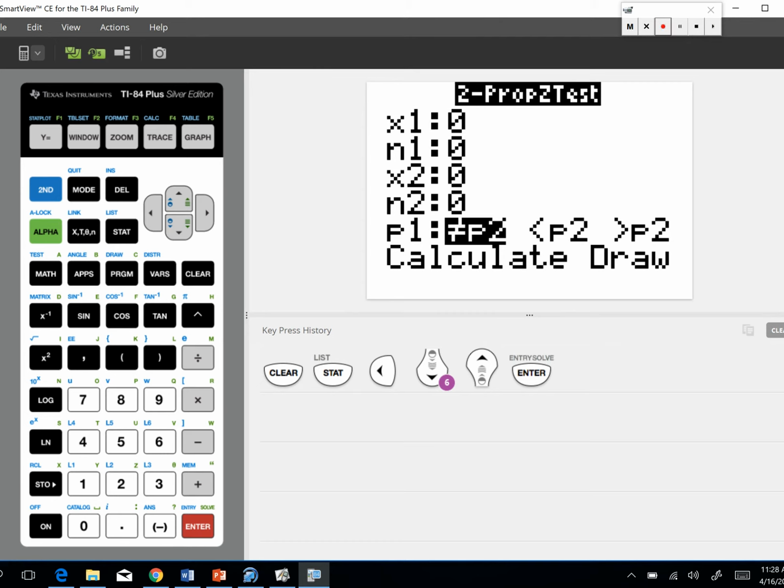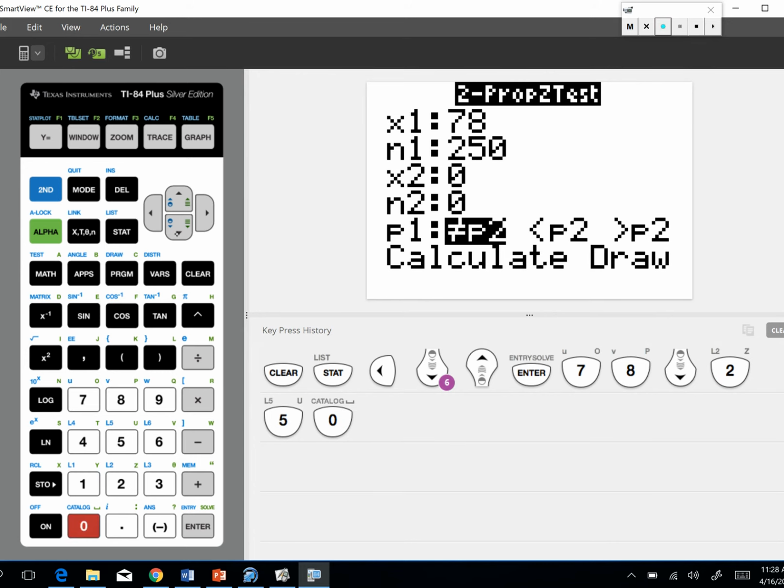So your x's are not decimals, they're not percents, they have to be actual whole numbers. So we don't want the decimal that we found, we want the actual 78 out of 250 men. Then for x2, we want the actual 58 out of 200 women.